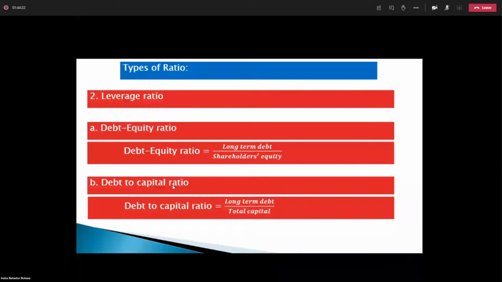Debt equity ratio, long-term debt divided by shareholders equity. And another is B, debt to capital ratio. Debt, long-term debt, is in numerator. Capital is second factor, which is in denominator.